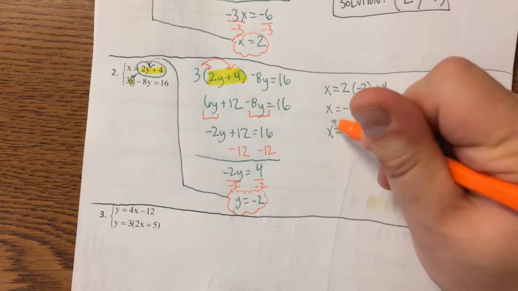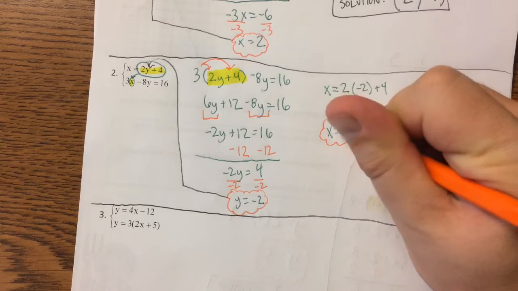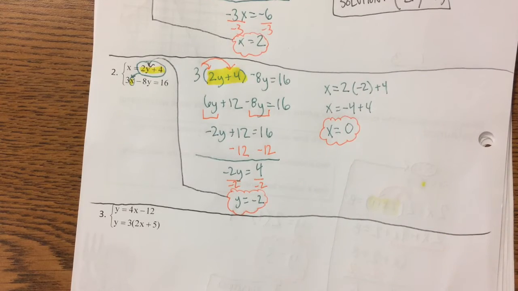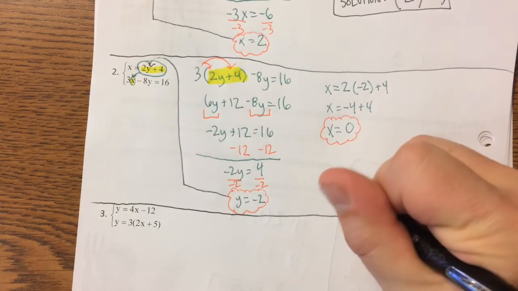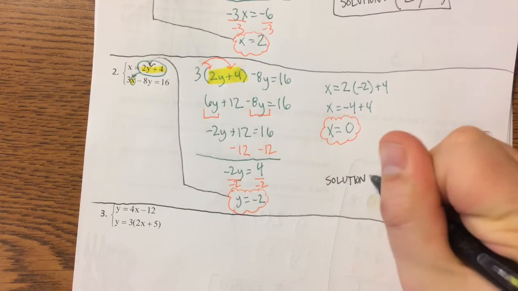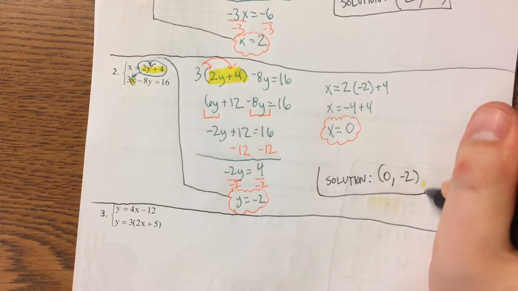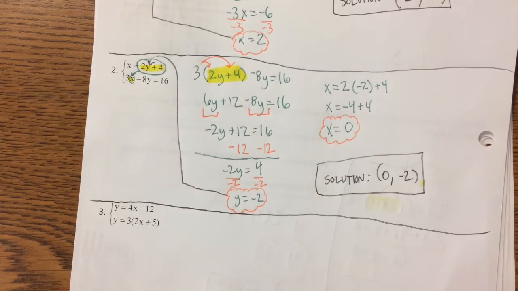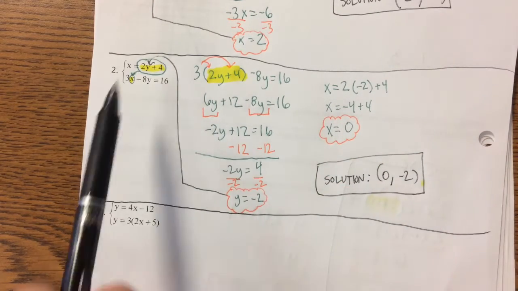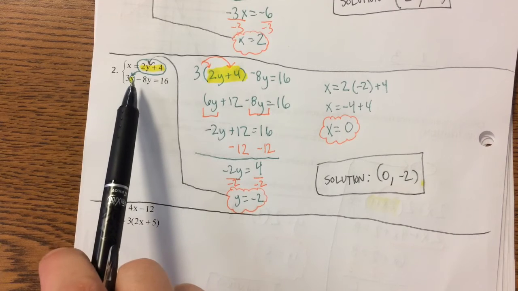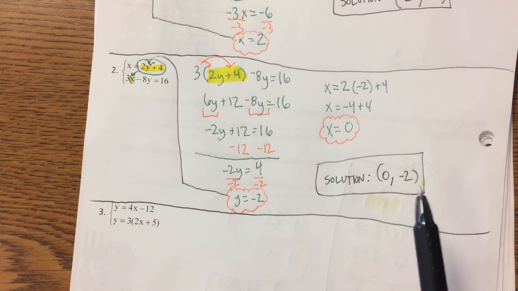So now I've got my x, I've got my y, I'm ready to write my solution, which is 0 comma negative 2. And don't lose track of what that actually means, right? What this means is that if I were to graph these two lines, this would be the point where they intersect. That's really the bottom line here.